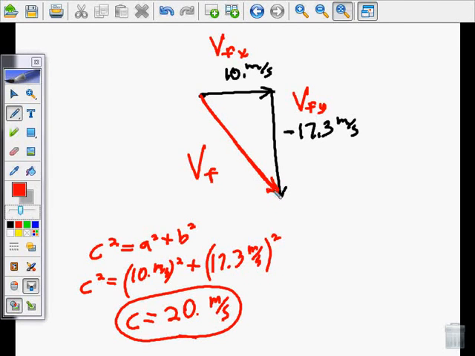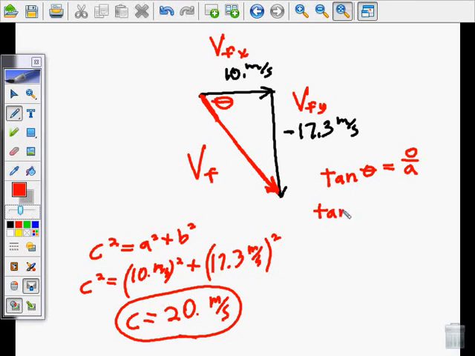But since it's a vector quantity, we also have to find the direction. And remember, you always find the direction at the tail of the vector, so right back here. That's just going to be SOHCAHTOA. You could use inverse tangent. Tangent equals opposite over adjacent.